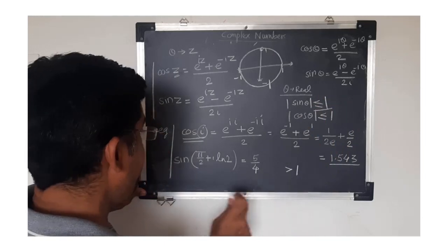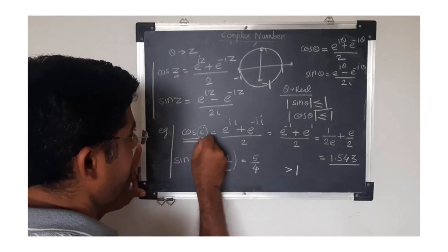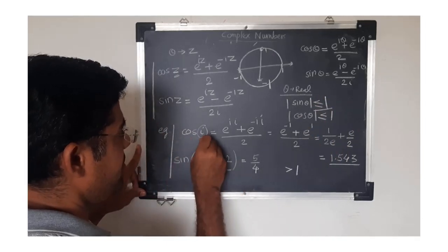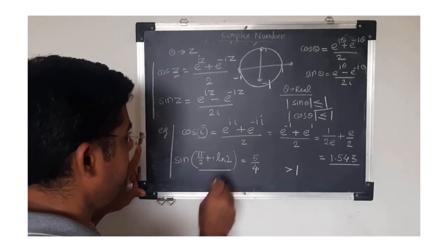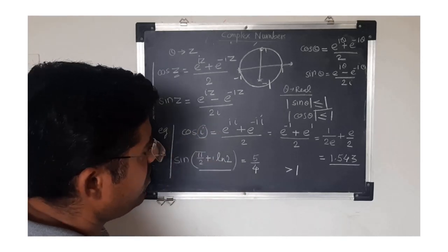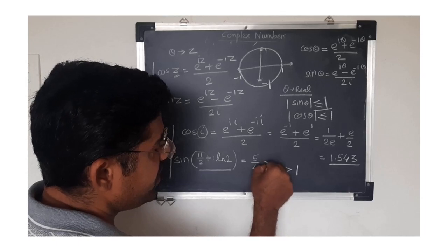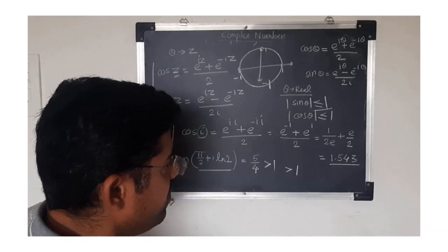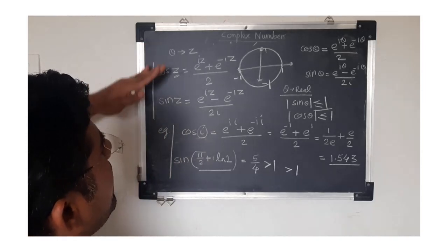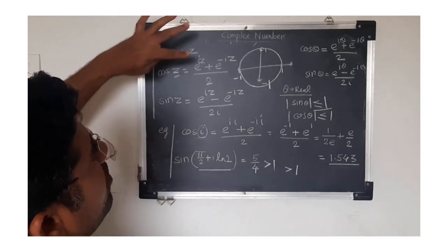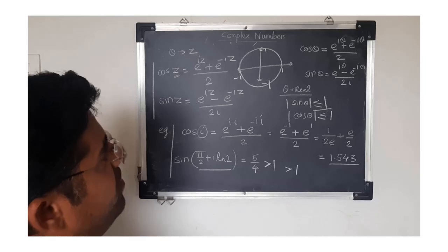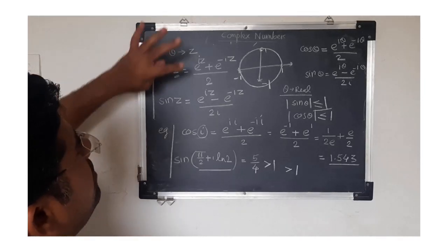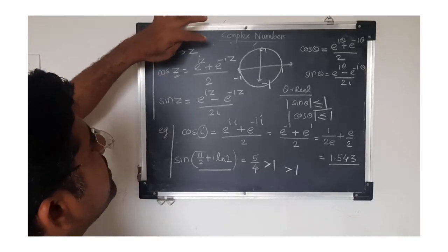But if your variable is a complex variable, the cos of this z value or the sine of z value, in both cases you can get a value greater than 1, or anything. So that is possible using a complex variable. So this is the case you have to see here.